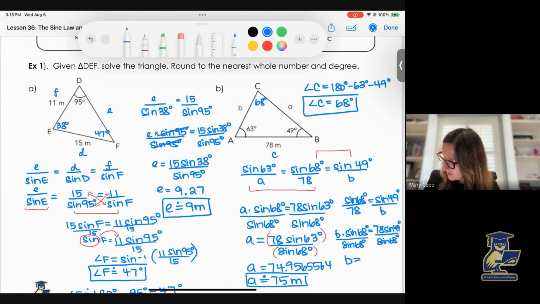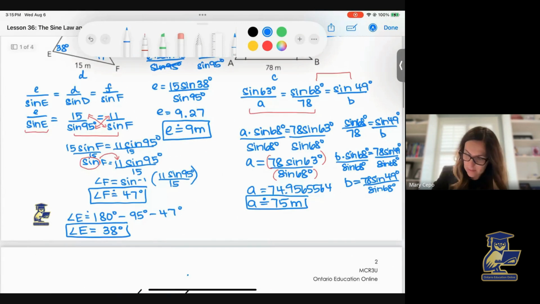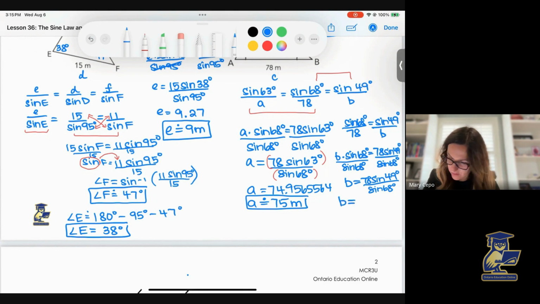B is equal to 78 sine 49 degrees all over sine of 68 degrees. So we go 78 times sine of 49, brackets, divided by bracket sine of 68 degrees. So B is equal to 63.490479. Therefore, B is about 63 meters.